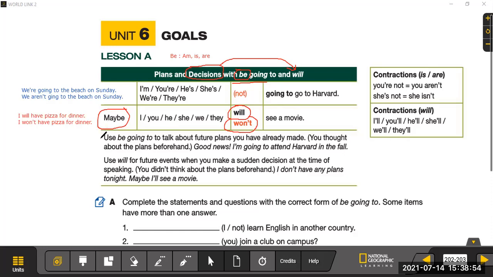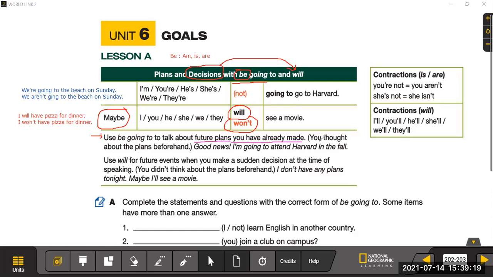Use be going to talk about future plans you have already made. Okay, so if you're talking that you're going to the beach and you are going to have chicken there in the beach and whatever, that is a plan you already made.